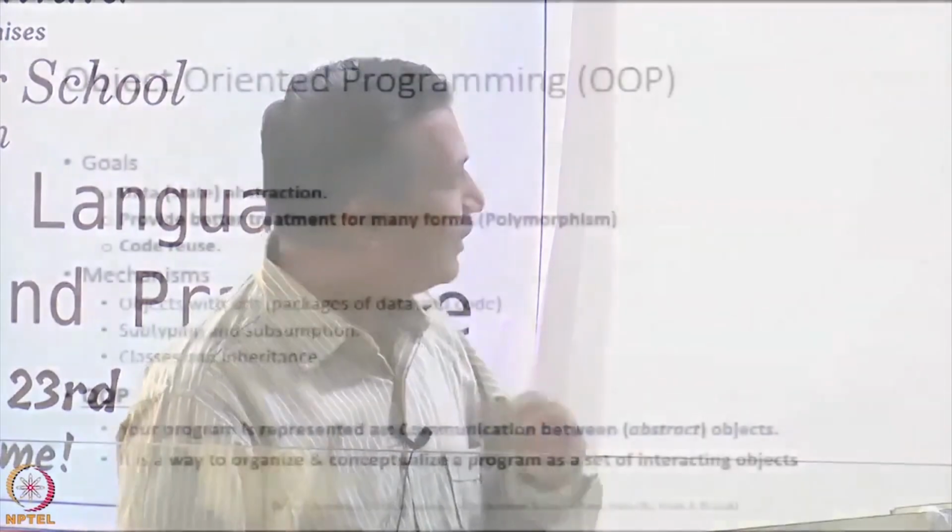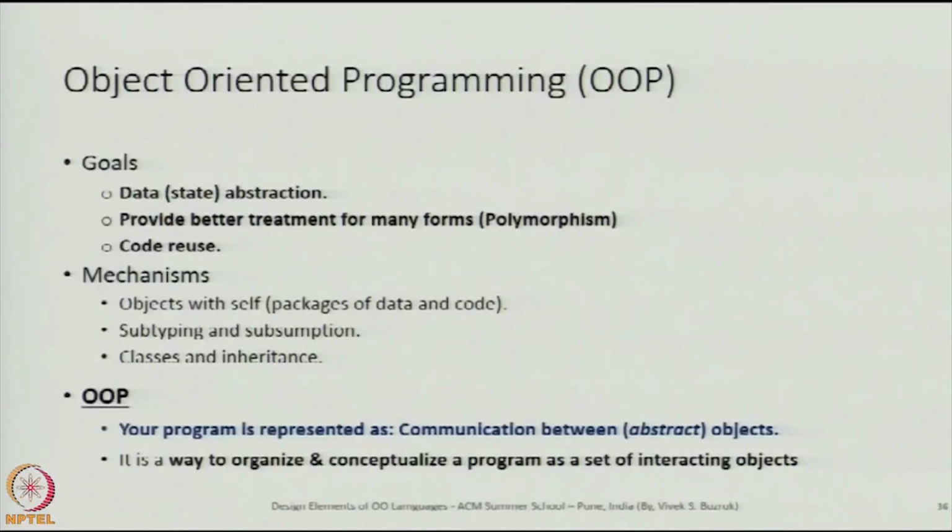Okay, now object oriented programming, what it is: you are using these objects and then your program is represented as communication between objects. In Simula and all this, there were messaging concepts.